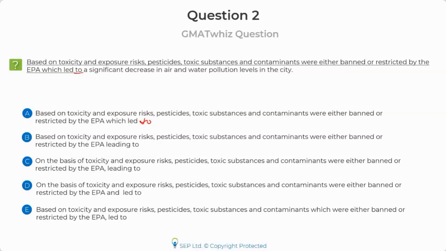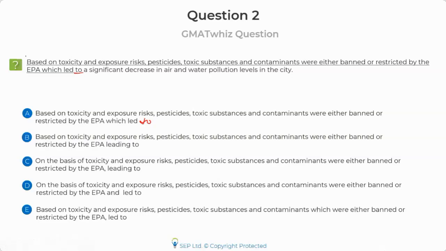So wonderful. Let's get set, because one quick question. Based on toxicity and exposure risks, this is modifying what? Quickly, guys. In the chat boxes.